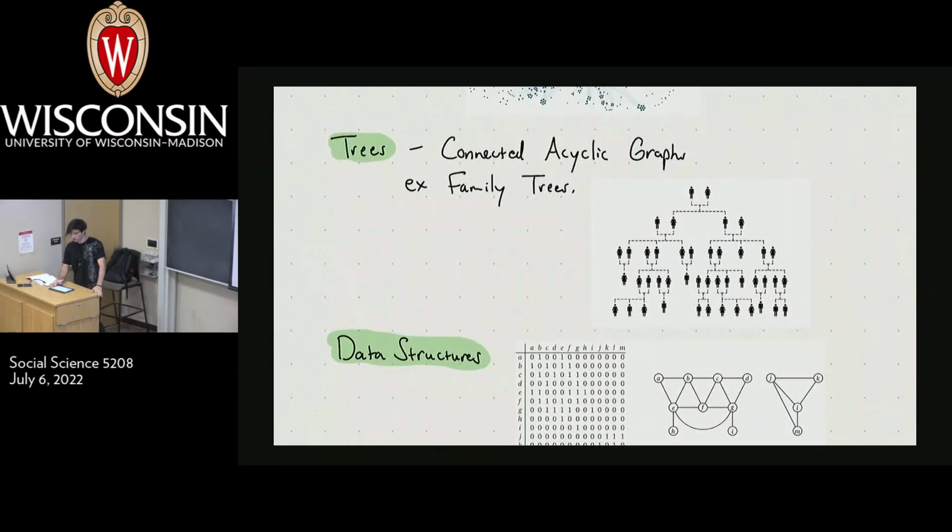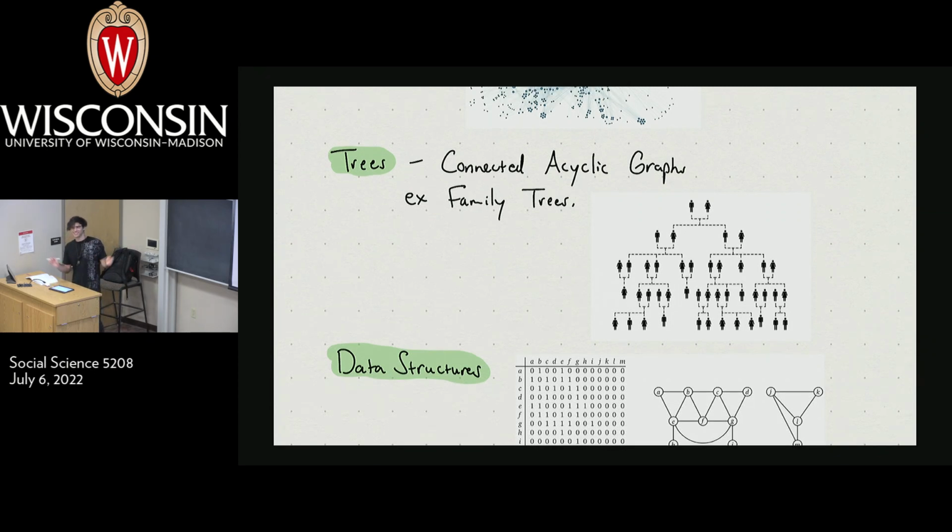Another example is a tree. So a tree formally is a connected acyclic graph. Connected means it's connected. I think that's obvious. Acyclic means there's no cycles. So there's nothing like this in your graph. The classic example is a family tree.